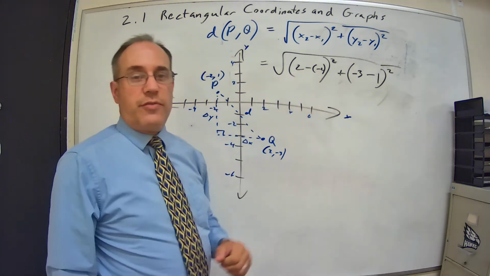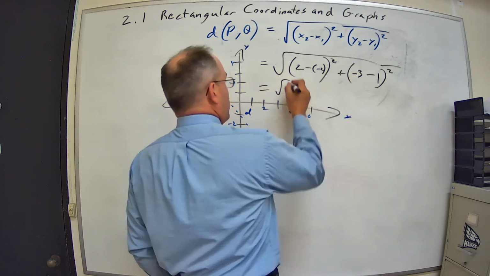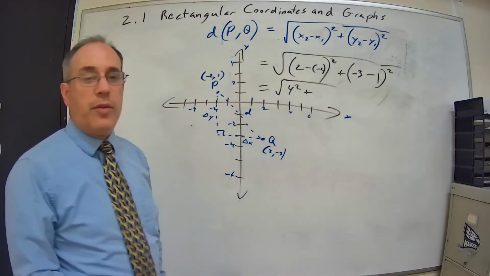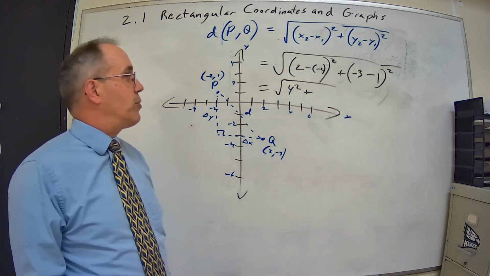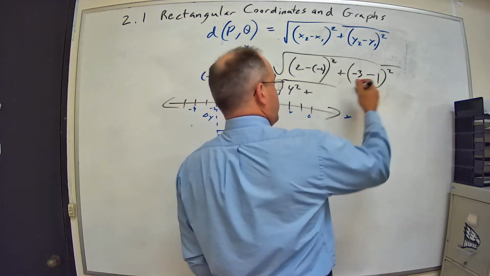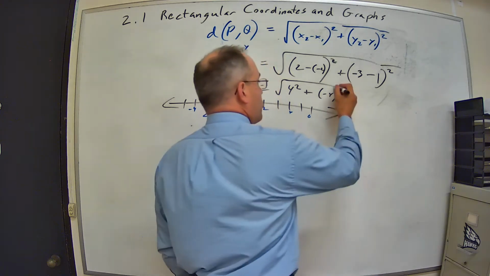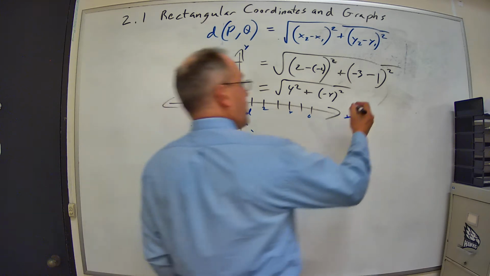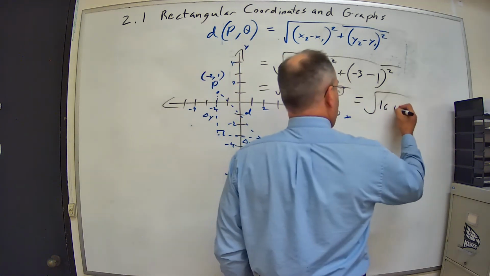2 minus negative 2 is 2 plus 2 or 4. The square root of 4 squared plus negative 3 minus 1 is negative 4. Negative 4 squared. Square root of 4 squared is 16.